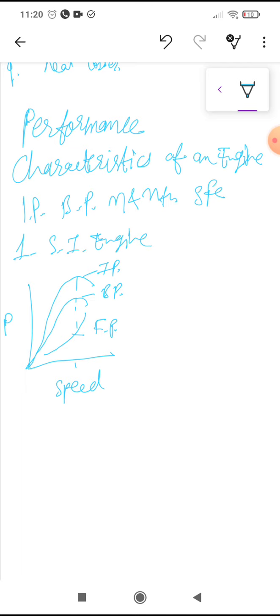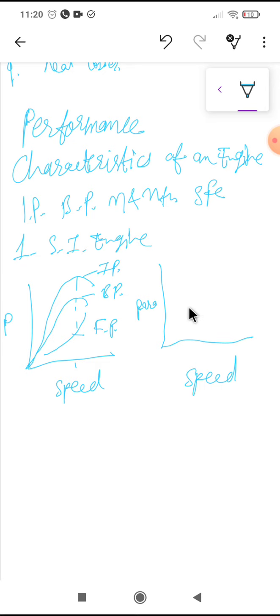Now I will draw another graph of speed, the same speed, versus various parameters.